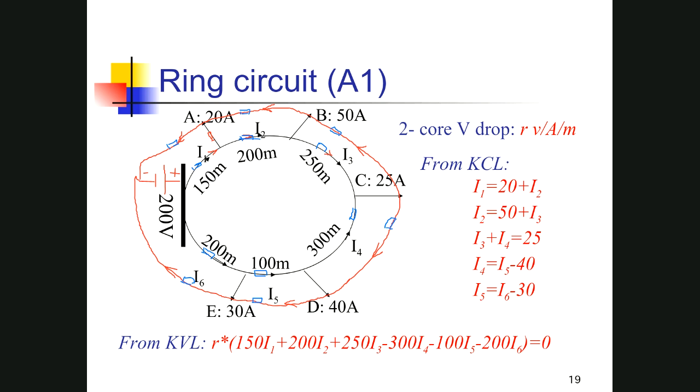We say RE, which is not given, unknown. RB, right? So you also have RC.